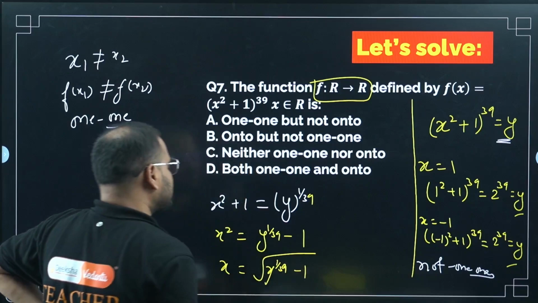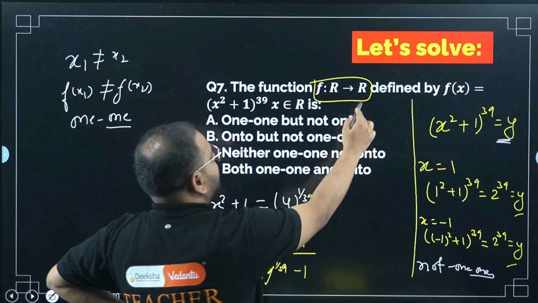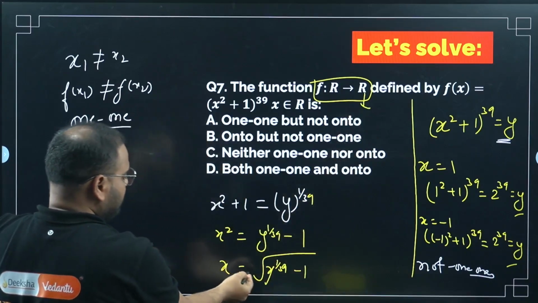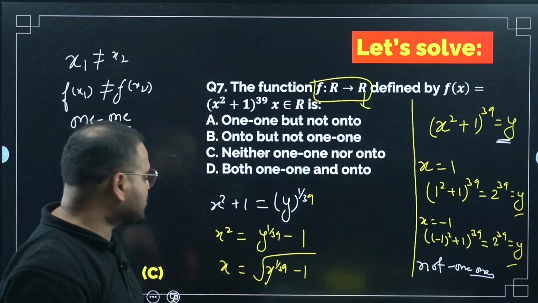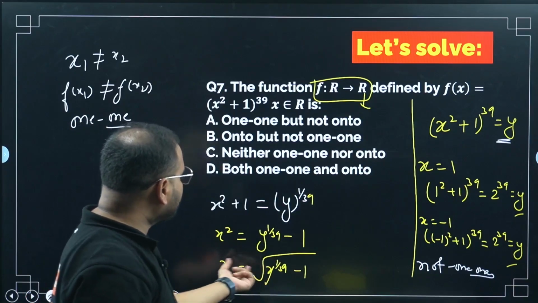Now see this, x is all real. But for some values of y, this has to be always positive.